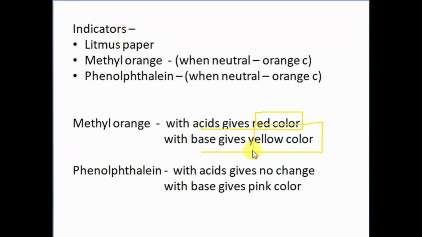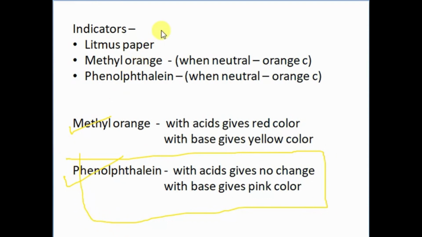Now the same applies in the case of phenolphthalein. These are the experiments in your chapter. I don't know whether in your school you have performed these experiments or not, but you will surely perform them in your coming classes, in your college days, or if you study further. So in the case of phenolphthalein, we'll repeat the same experiment.